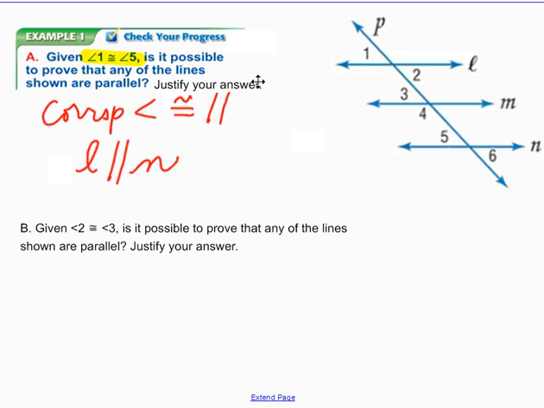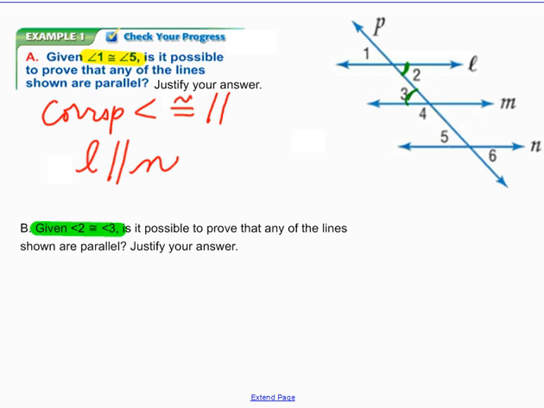Okay, so now it says we have another new given. Given that angle 2 is congruent to angle 3, can we prove that any lines are parallel? Okay, so 2 and 3 are congruent. So if we look up at the picture again, we've got angle 2 and angle 3 are congruent.